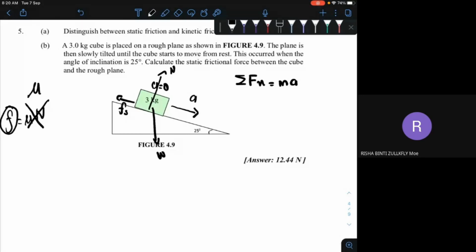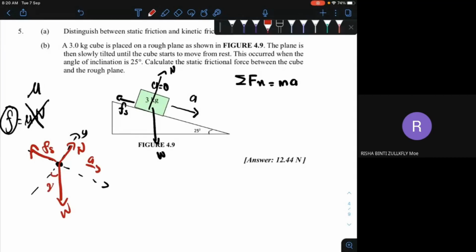So for that, you are going to find the forces along X sahaja. Kita ada friction dan juga Wx sebab W berada di antara. So ini adalah forces kamu: normal, static friction, acceleration kamu.